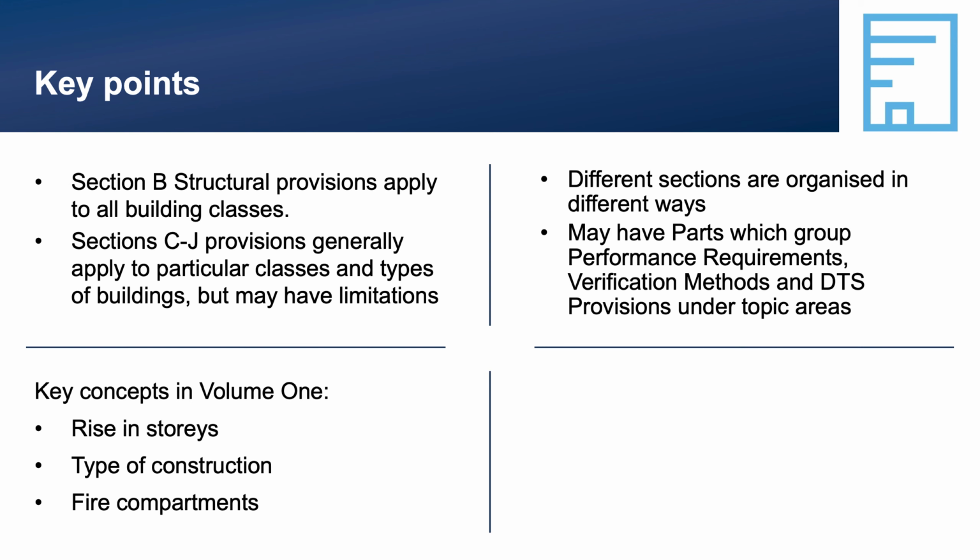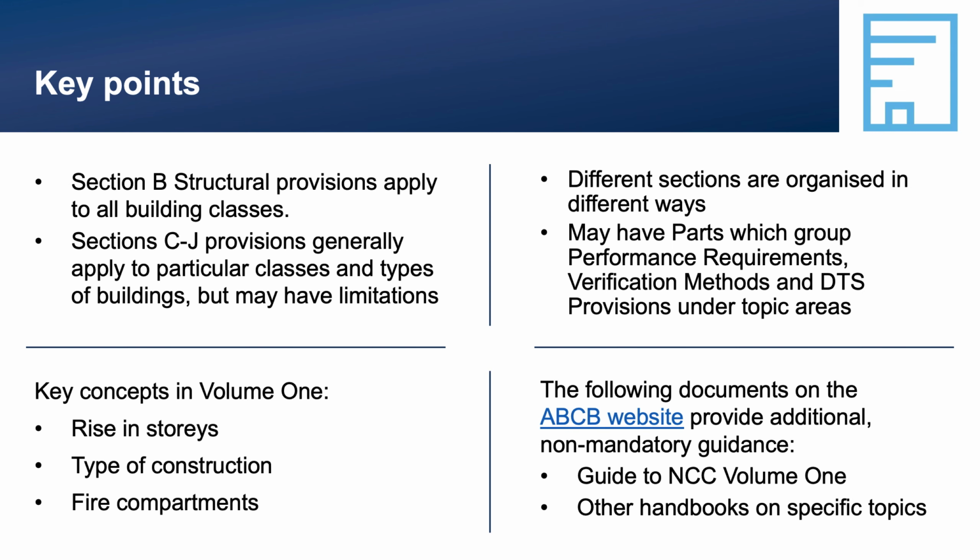Different sections are organised in different ways. They may have parts which group performance requirements, verification methods, and DTS provisions under topic areas. The following documents on the ABCB website provide additional non-mandatory guidance. This includes the Guide to NCC Volume 1 and other handbooks on specific topics.